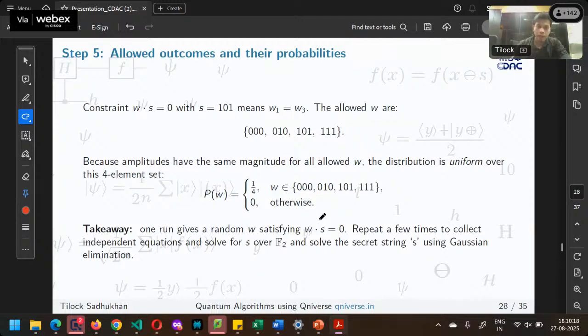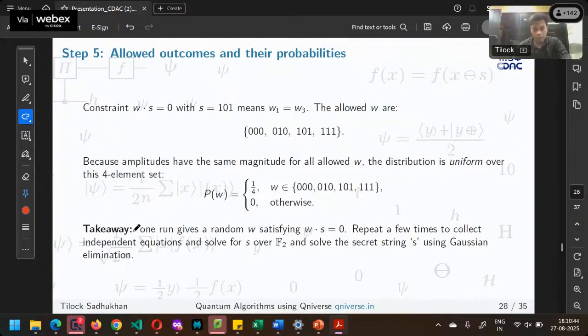By following this, the w that survive are these four states only. So w is these four states, and it creates an equal superposition of all of them. Because we are applying the Hadamard, the probability of each state is 1/4, and the rest of the states are gone because s dot w is 1 for those cases. That's why the rest of the cases are 0.